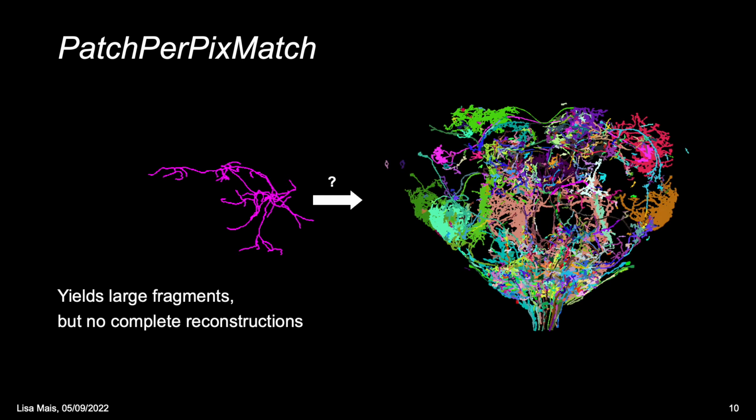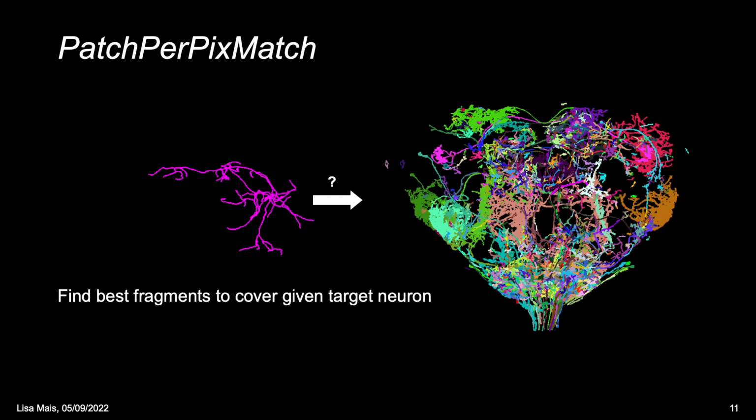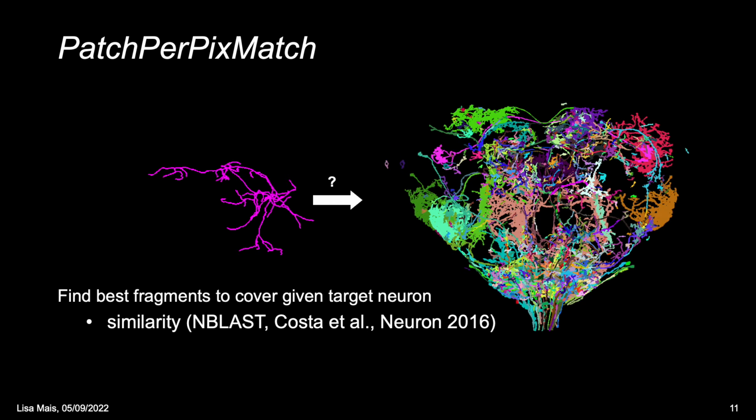That's why we need to handle false splits and false merges in the second part of the pipeline. For this, we formulate the matching as a global optimization problem where we want to find the best fragments to cover the given target neuron. We take into account the similarity in terms of NBLAST score, then the coverage and the color difference.